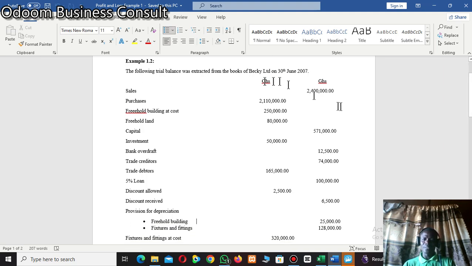And you have your sales, you have your purchases, you have your freehold building at cost, which is a fixed asset. You have freehold land, which is also a fixed asset. You have your capital, you have an investment, you have bank overdraft, you have trade creditors, we have trade debtors, we have 5% loan, discount allowed, discount received, and so on and so forth.